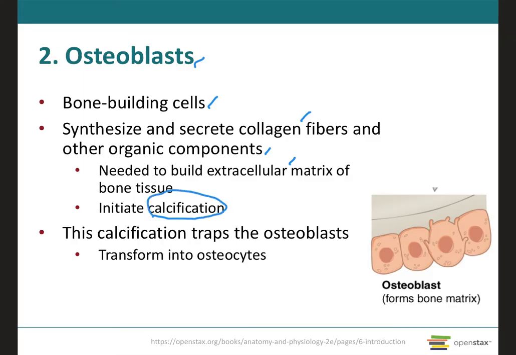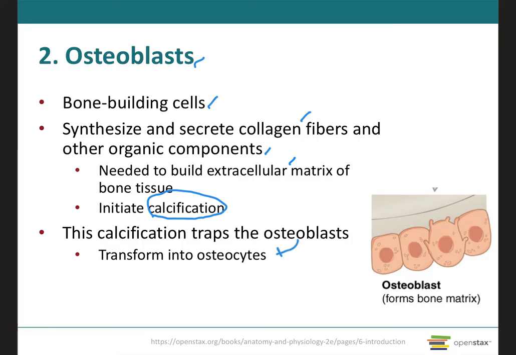As we have discussed already, calcification is the deposition, the crystallization, and the eventual hardening of mineral salts in the framework that is formed by collagen fibers of the extracellular matrix. Since this extracellular matrix will be hardening, the osteoblasts will eventually surround themselves with this hard extracellular matrix.